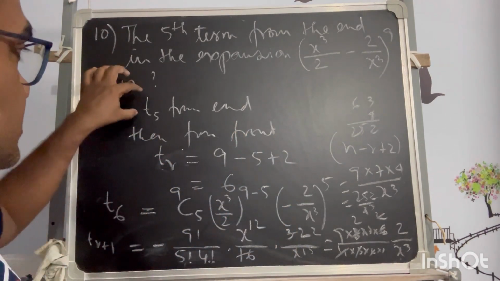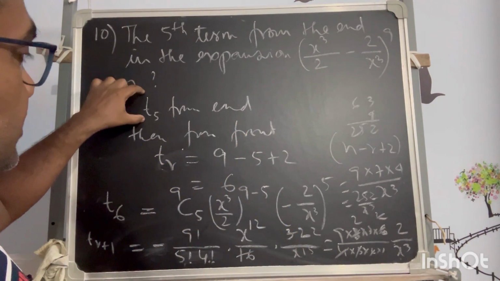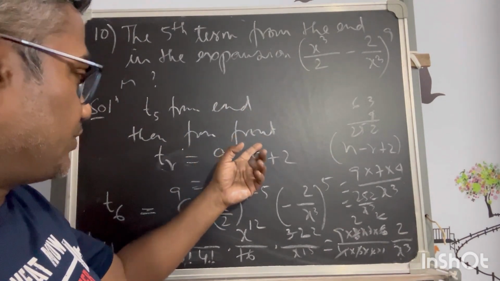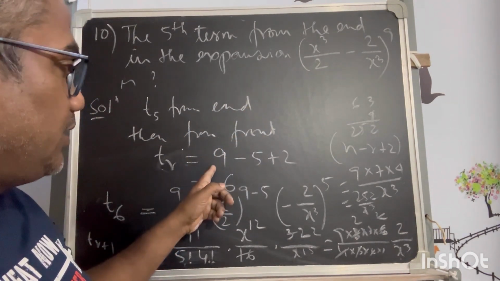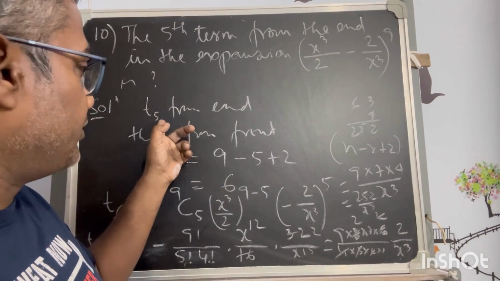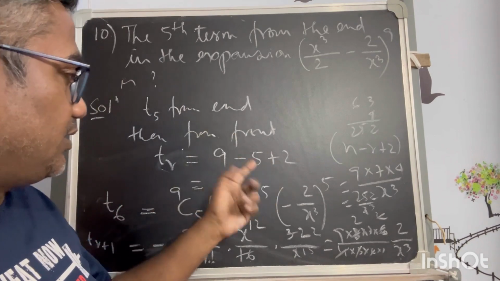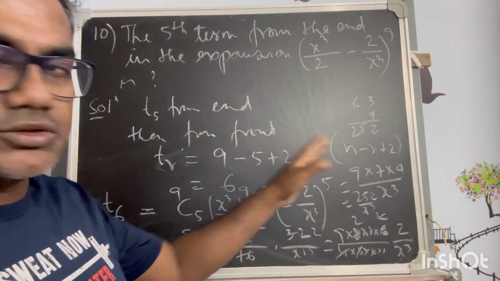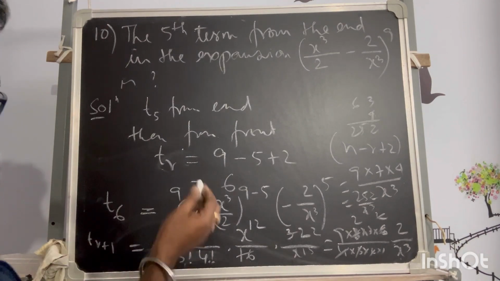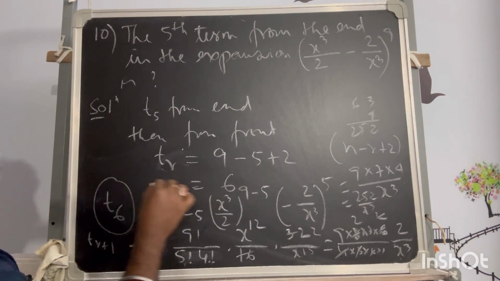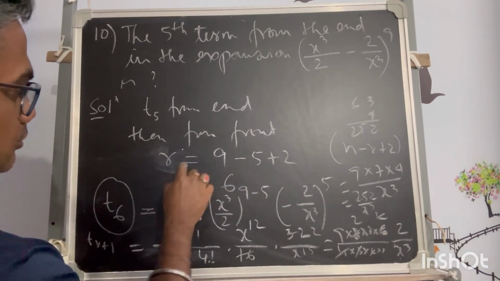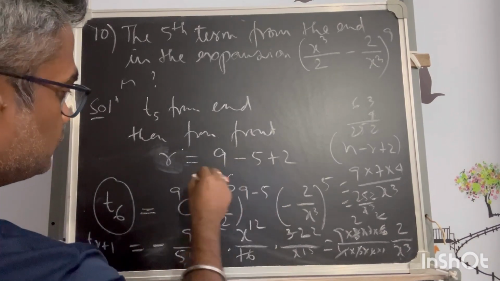If I expand it in the way that is needed, the first thing, the concept, is any term counted from the end. If I want to count it from the front, that will be n minus the number of the term given from the end, plus 2, will be the count from the first. Now once I get r, r is equal to how much? 4 plus 2, 6.